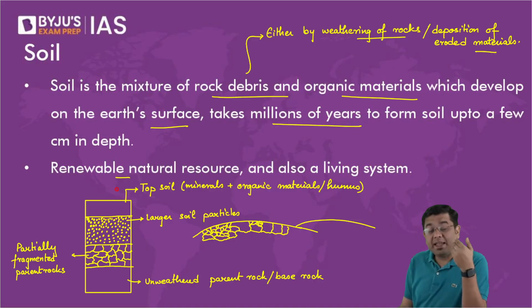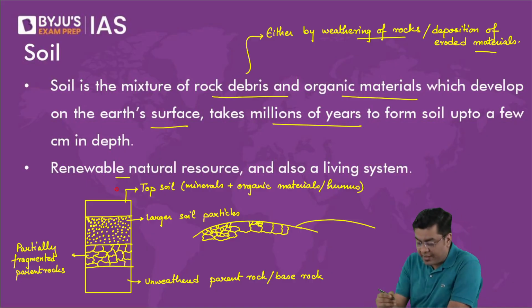Now, how does that ability to support vegetation and organic matter come into existence? So the soil should be rich in nitrogen, phosphate, potash. These are the macronutrients. Other than that, the soil should have fine particles. Or even if it doesn't have the fine particles, it should have the ability to trap air amongst itself and retain moisture within itself. So that capacity to retain air and moisture within itself, that is what is referred to as the soil fertility.